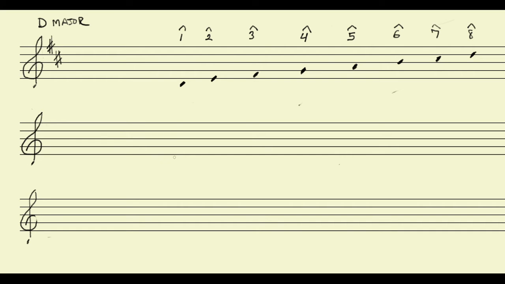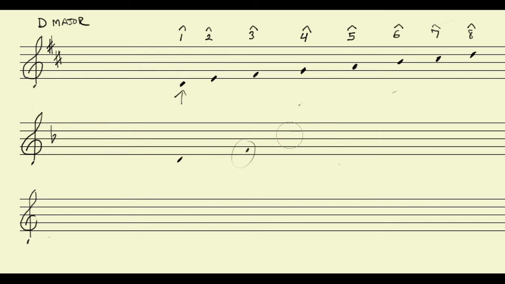So what am I going to do? I'm going to remember that in order to find the parallel minor, I'm going to go up a minor third from my tonic. So my tonic of D major is D. If I go up a minor third from D, I end up on an F natural, which tells me that my relative major key is going to be F major, and I know that the key signature of F major is 1 flat, B flat.